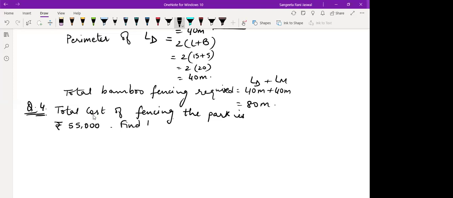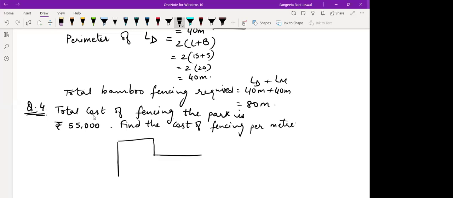Find the cost of fencing per meter. Ma'am, you need to give the fencing meters. Yes, I'm giving you the park. The shape of the park is somewhat like this.